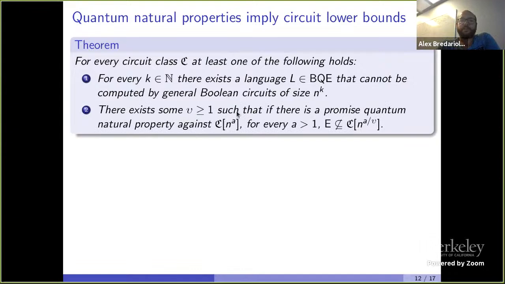Or, given a quantum natural property against the circuit class with size n to the a, then the problems that can be solved in deterministic exponential time are not in the circuit class with size parameter n to the a over eta.